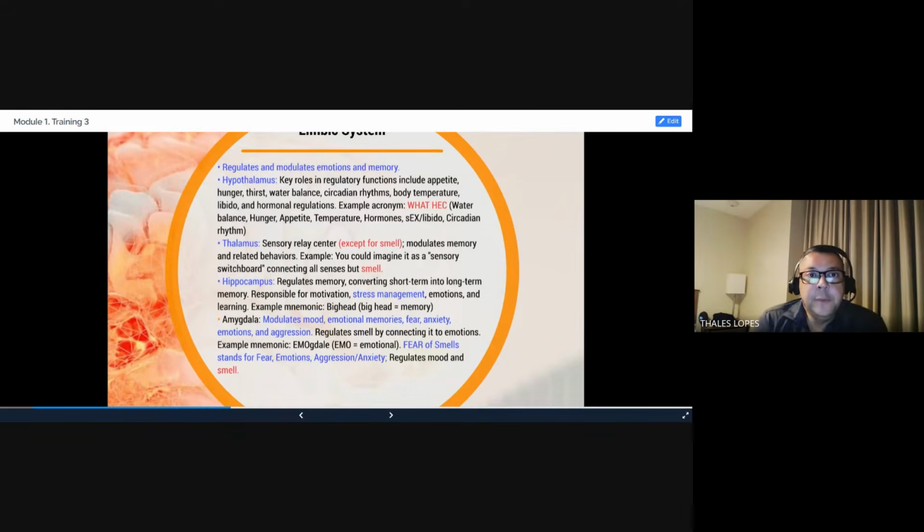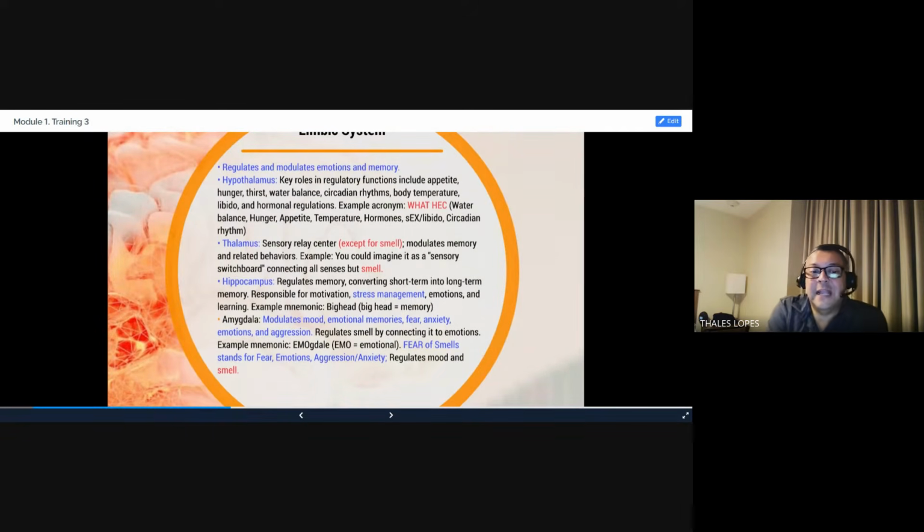Here is where people get it wrong all the time. Every week we pose this question, and 50% of the students get it wrong. And the reason why they get it wrong is because of the amygdala. If the question says stress, someone's stressed out, it is part of stress regulation.